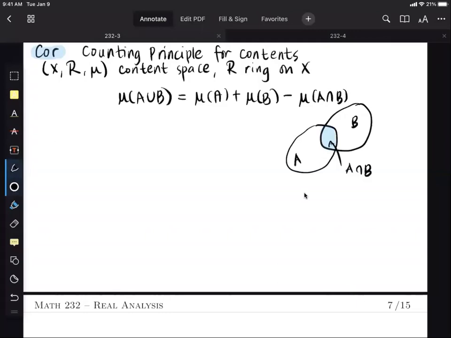Okay, so that's the idea of this counting principle for contents. And this is valid for any elements in the ring, of course, provided that the content of the intersection is finite. Again, to avoid the operation infinity minus infinity.